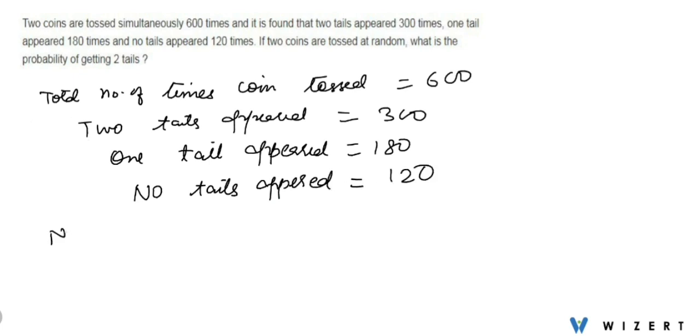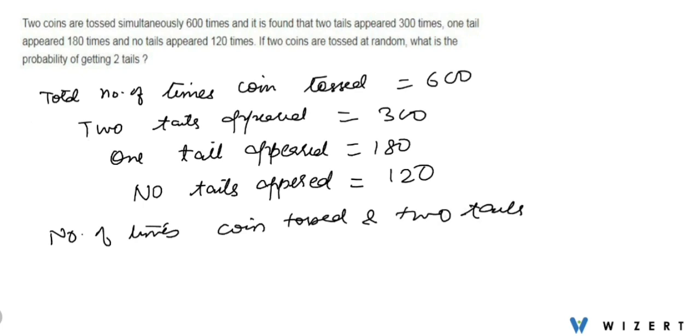So from here we can say that the number of times the coins were tossed and two tails appeared is 300. So we have to find here the probability of getting two tails.